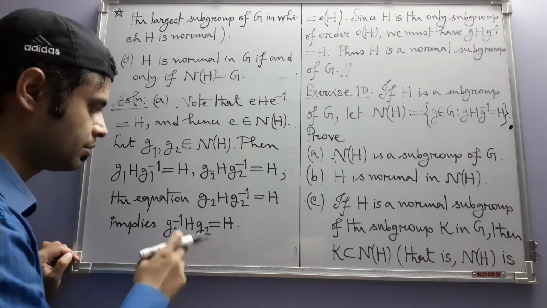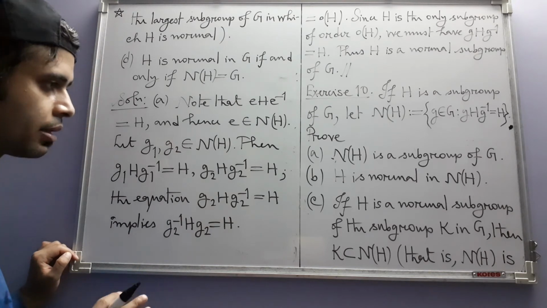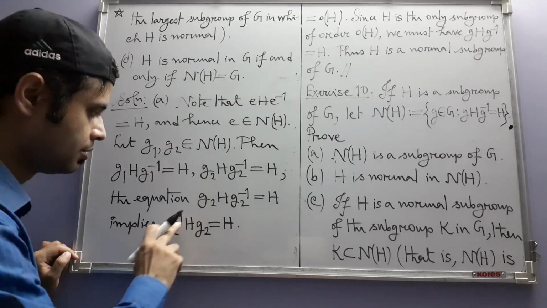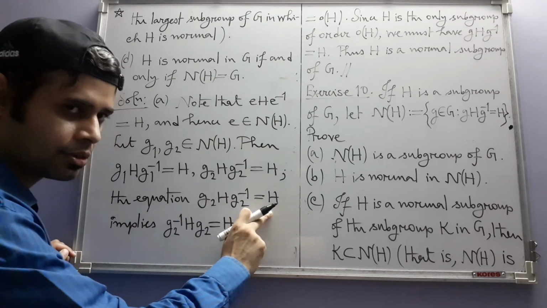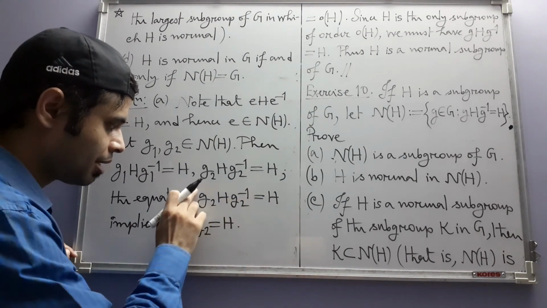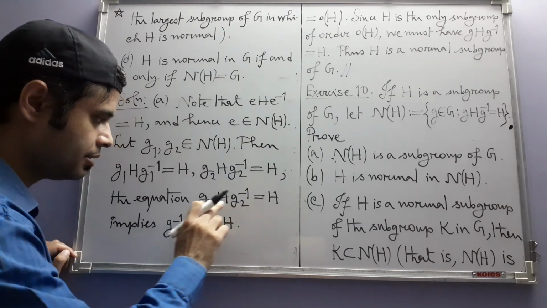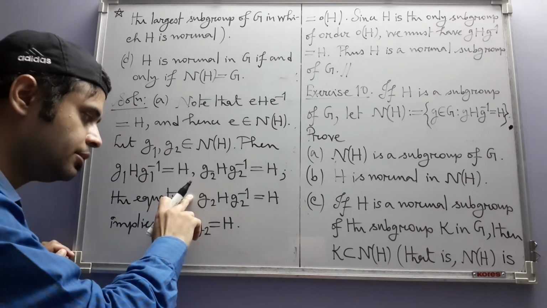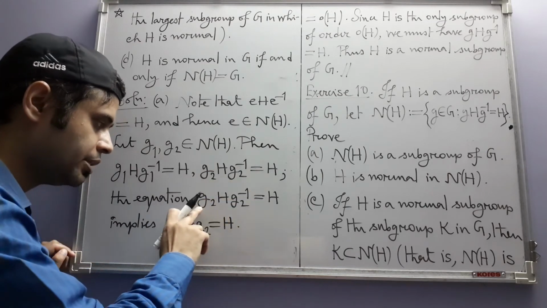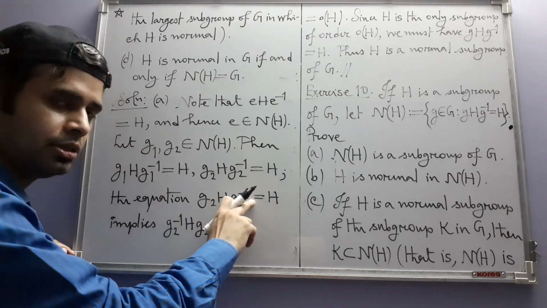A careless or rather informal way of showing that this is in fact a consequence of this is that you multiply on both sides by G2 inverse from the left. So here you will have G2 inverse, then within brackets G2 H G2 inverse.